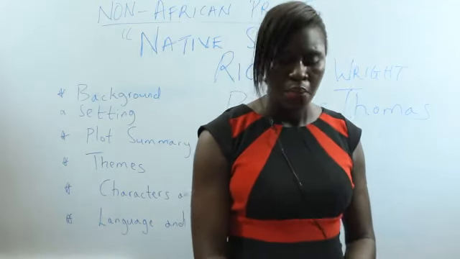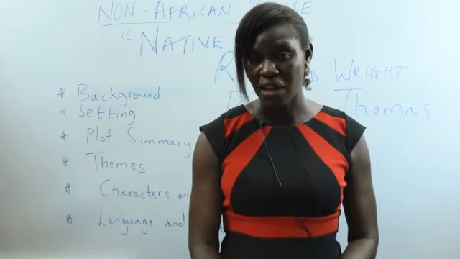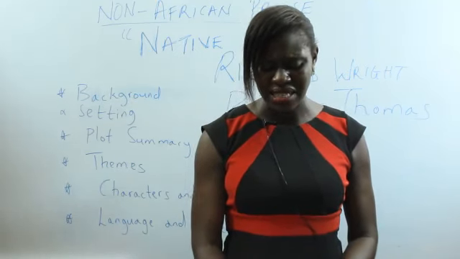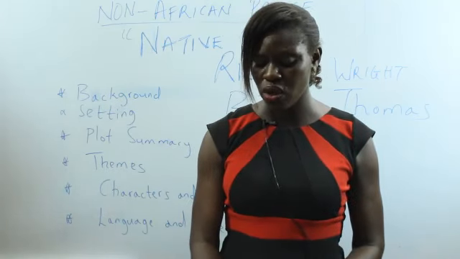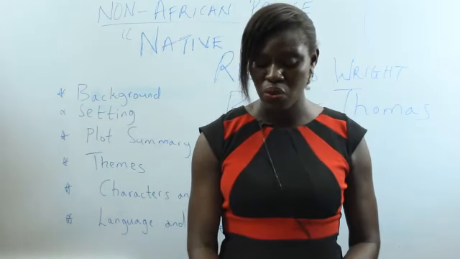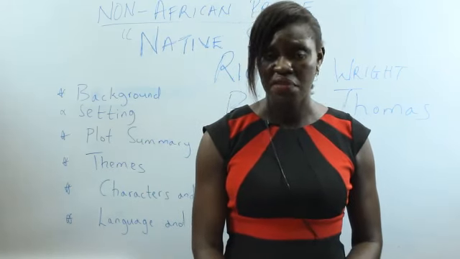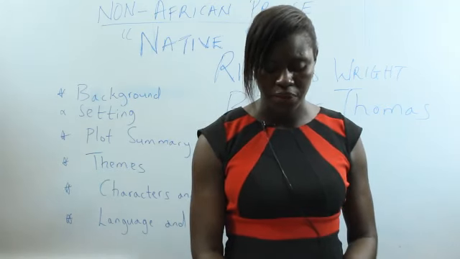Mrs. Thomas is Bigger Thomas's devoutly religious mother. She has accepted her precarious, impoverished position in life and warns Bigger at the beginning of the novel that if he does not change his ways, he will meet a bad end. However, this turns out to be a kind of foreshadowing.